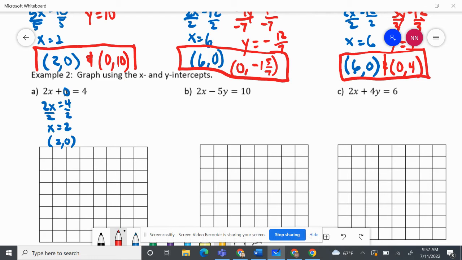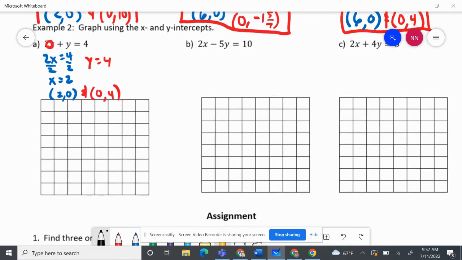For my y-intercept, I plug in a 0 for the x, so I get y equals 4. So that would be 0, 4. And now I'm going to take my two intercepts, plot them, and then draw a straight line.